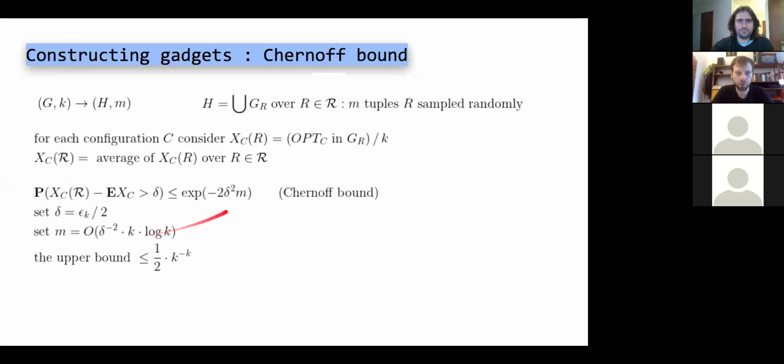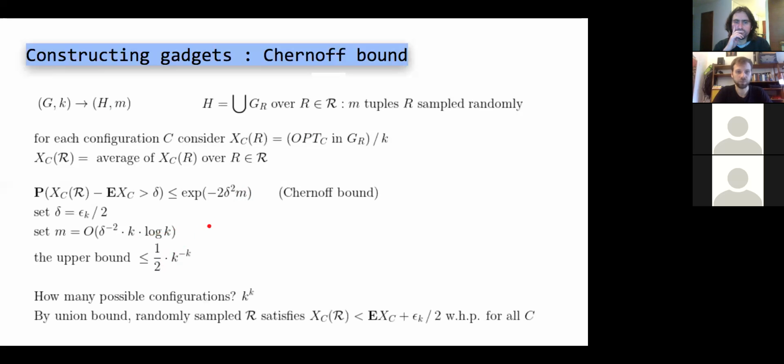So if we put k log k here in the Chernoff bound, then we obtain the upper bound for sampling a random family R this small.